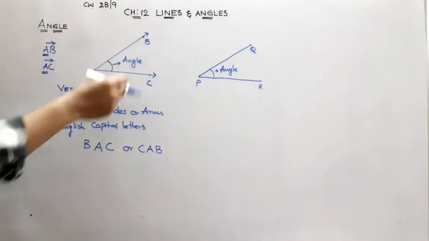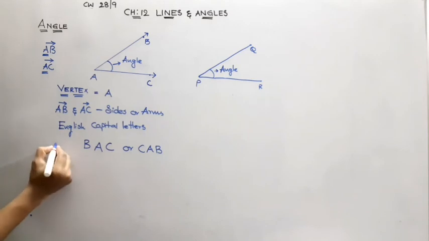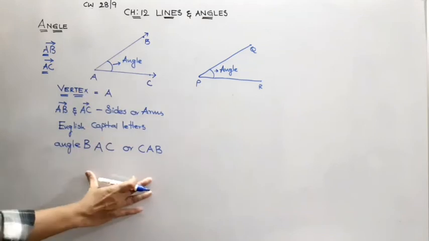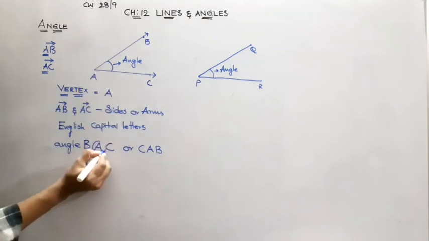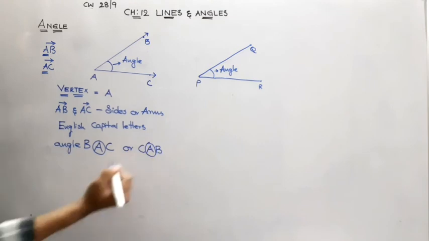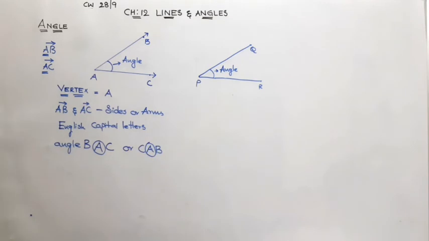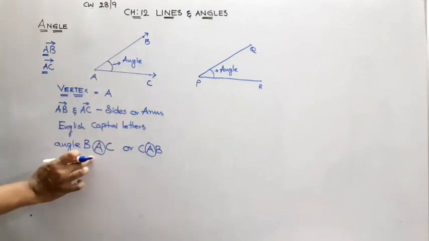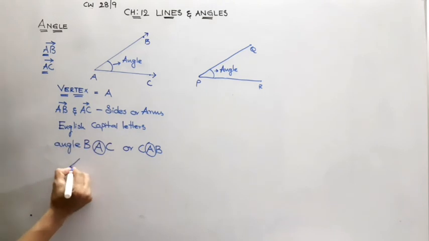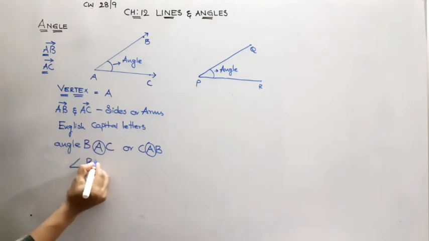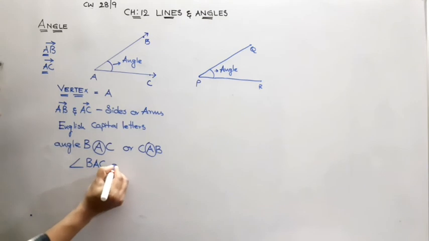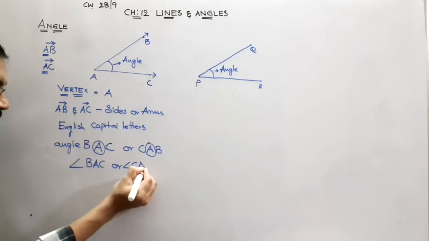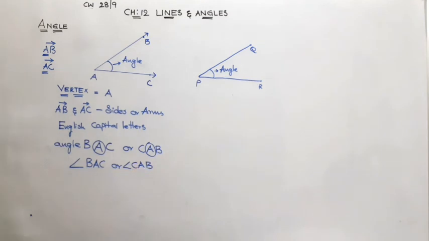We can write this angle as angle BAC or angle CAB. Both are correct, but the initial point should always be in the middle. Hope you are clear with this, children. And now, what is the symbolic representation for angle BAC? We'll write it like this: the angle symbol, then BAC or CAB. Both are correct.